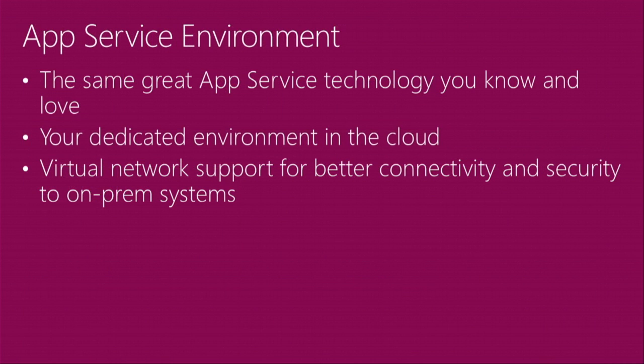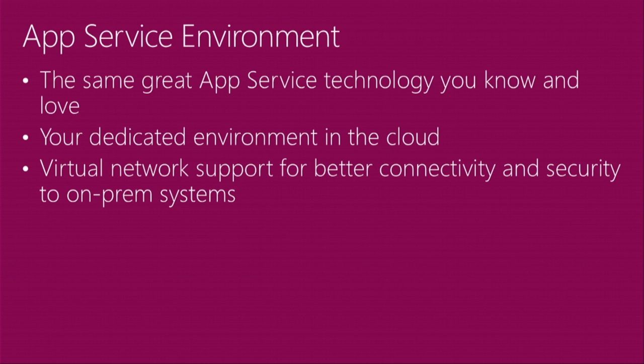All right, let's go a little bit deeper to look at app service environment. Now, what is this app service environment? Well, first of all, it's the same great app service technology you know and love already. So if you're familiar with Azure App Service, everything you've learned, you can use right away. Second, it is a dedicated environment in the cloud just for you. You don't have any noisy neighbors.